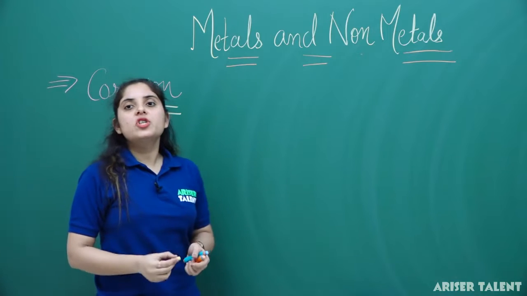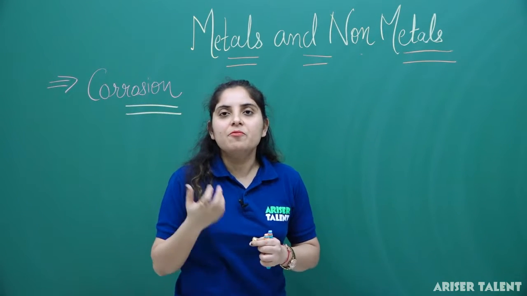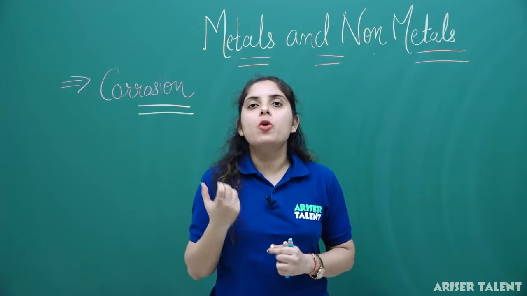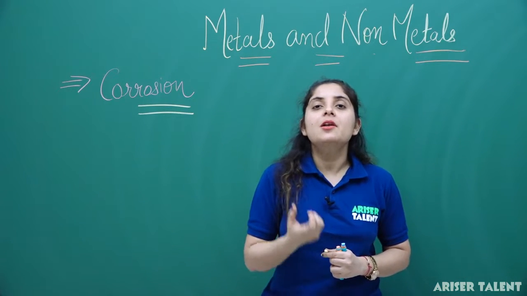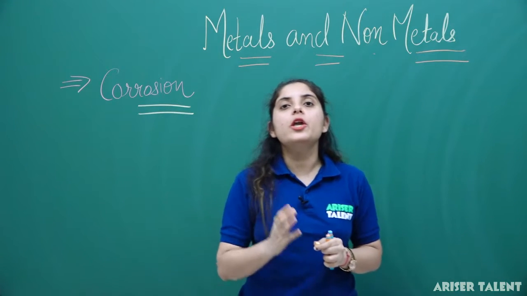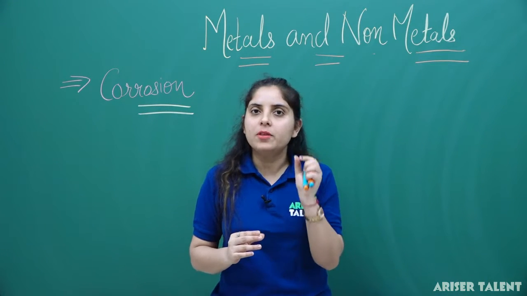Corrosion is basically a process in which any surface, when exposed to air, moisture or water in the atmosphere, will make an undesirable compound, and that undesirable coating or compound is usually an oxide.